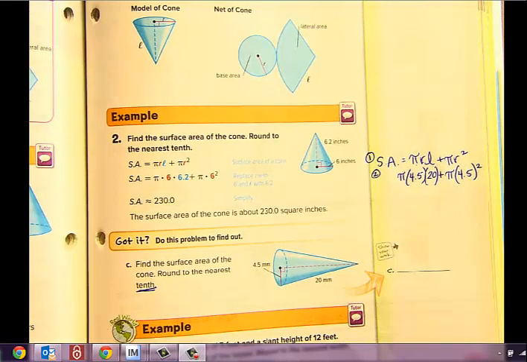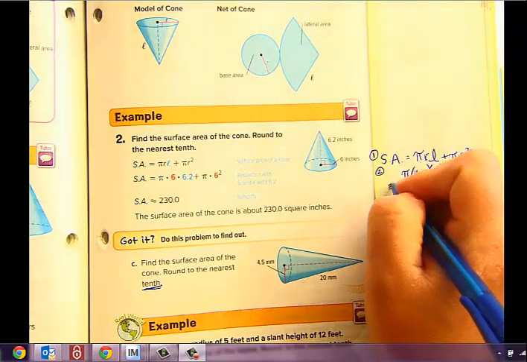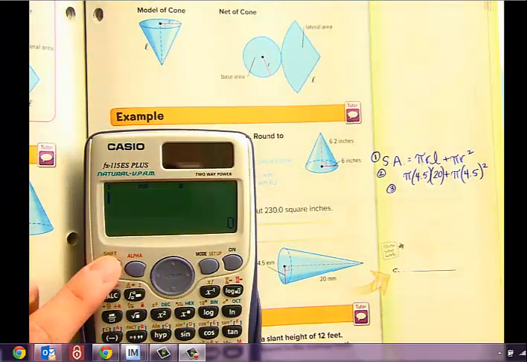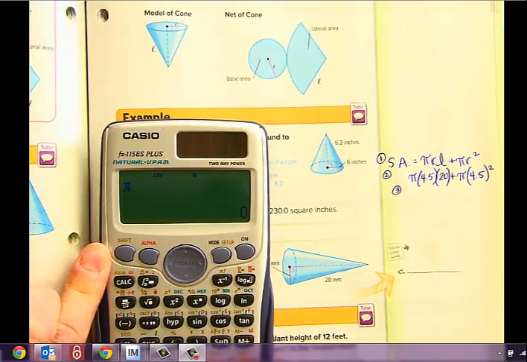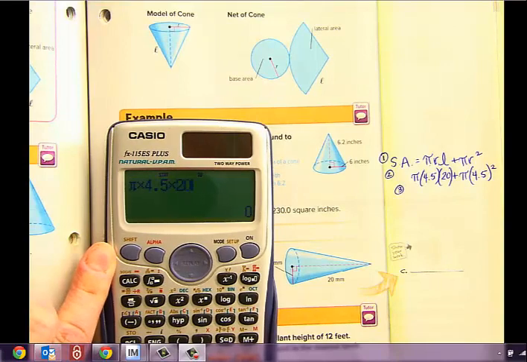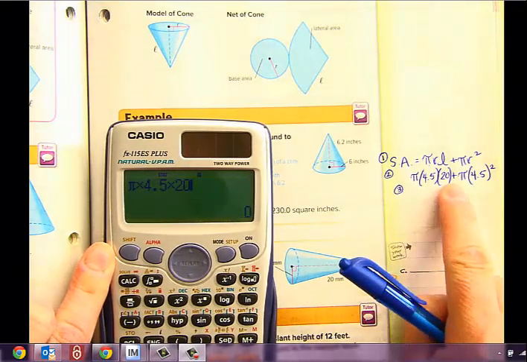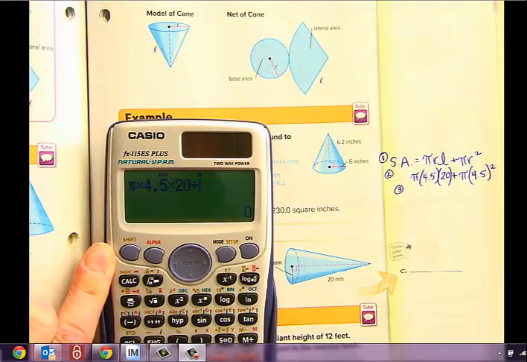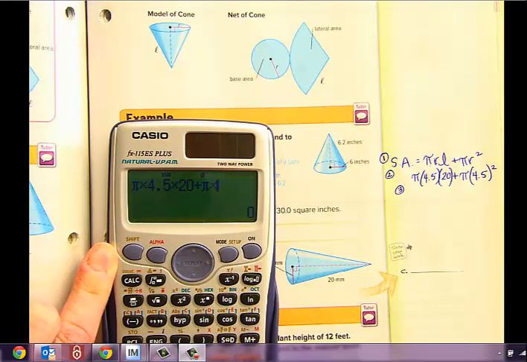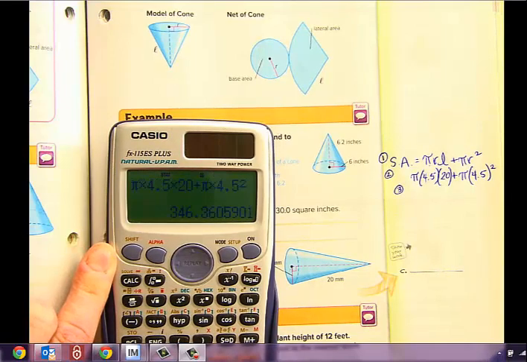Okay? And the third line is where I can just go ahead and do all of the calculations together. So I'm going to do pi times 4.5. I'm doing them in order. Times 20. Be careful here because this is not a times. Make sure you put a plus in between. Pi times 4.5 squared. You can put all of that into your calculator and hit equal, and it will give you your answer.